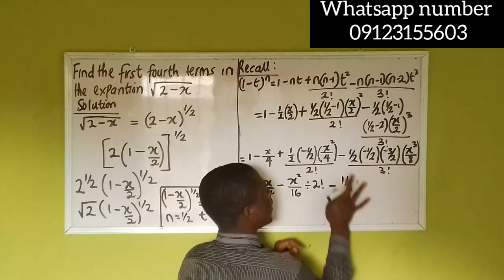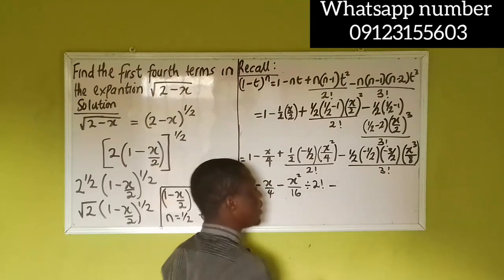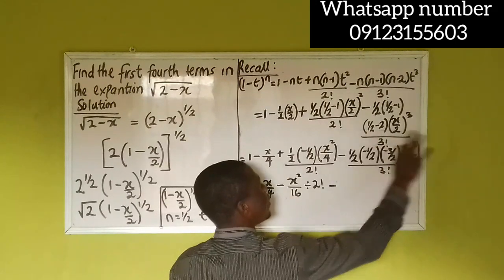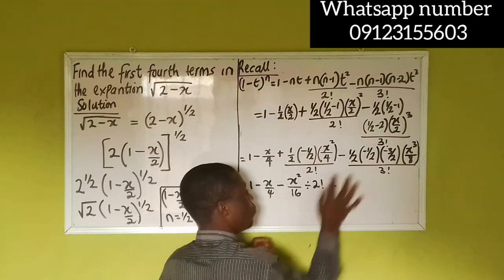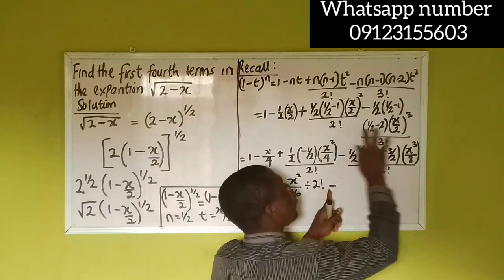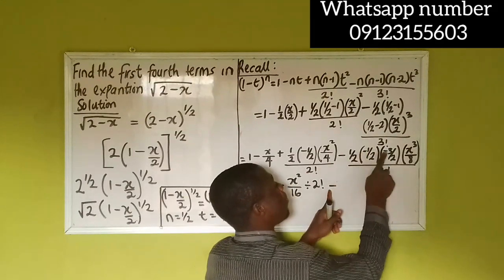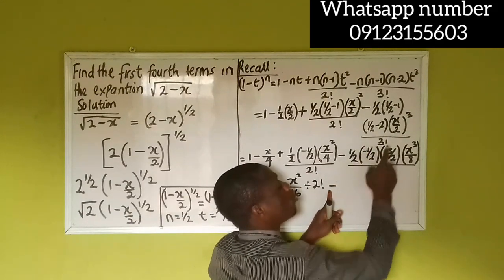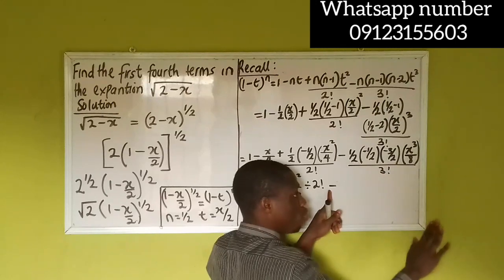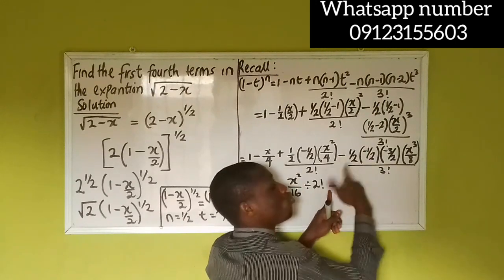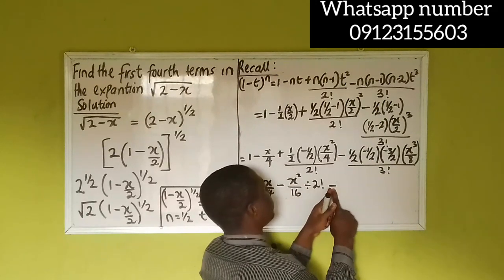Now here's the idea. Let's simplify it. Leaving this minus first, this is minus here. Inside all this numerator, I'm having those two signs, minus and minus. So minus times minus equals what? Plus. So that plus times this minus equals what? Minus. I have this minus here.